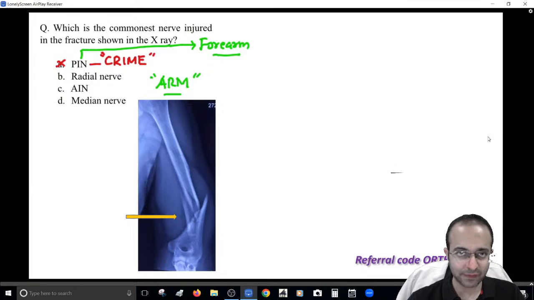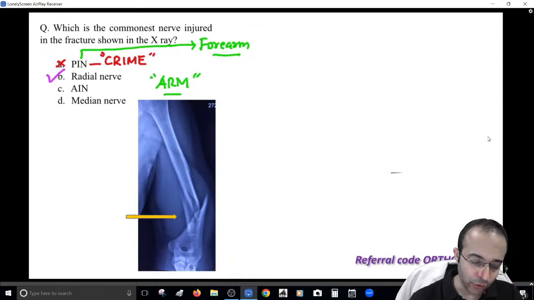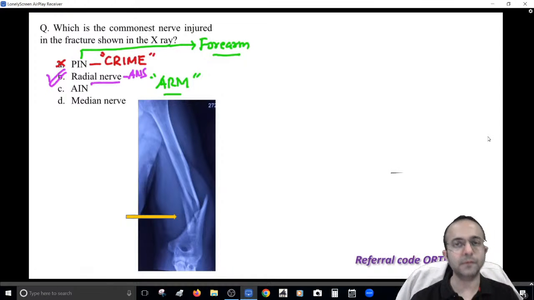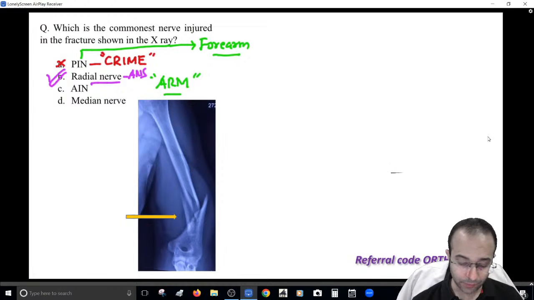That makes sense. See, my preference here for the answer would be radial nerve. I think that is the best answer here, and I'll tell you why. Because this particular fracture that you can see in front of you, I would best put up as what we call a Holstein-Lewis fracture.